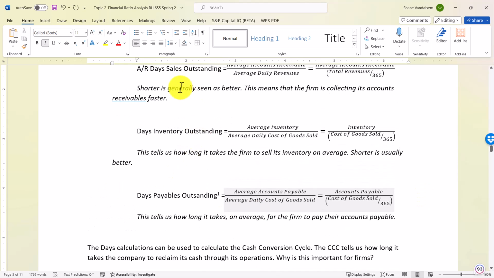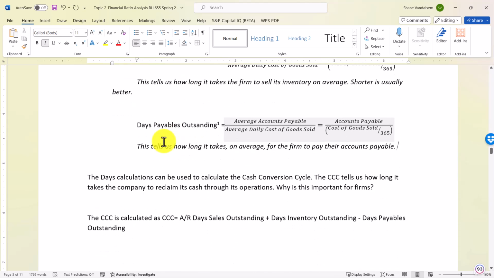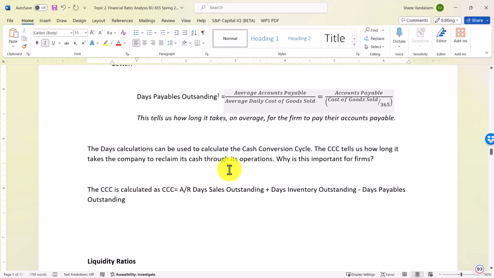We take these three numbers and we calculate then what's called a cash conversion cycle. For a lot of companies, this is an important measure because it tells us how long it takes the company to start with cash, invest in inventory, sell that inventory, get their cash back from their customers if they've issued accounts receivable to them, and then it takes out the amount of time that the company uses to pay their suppliers.